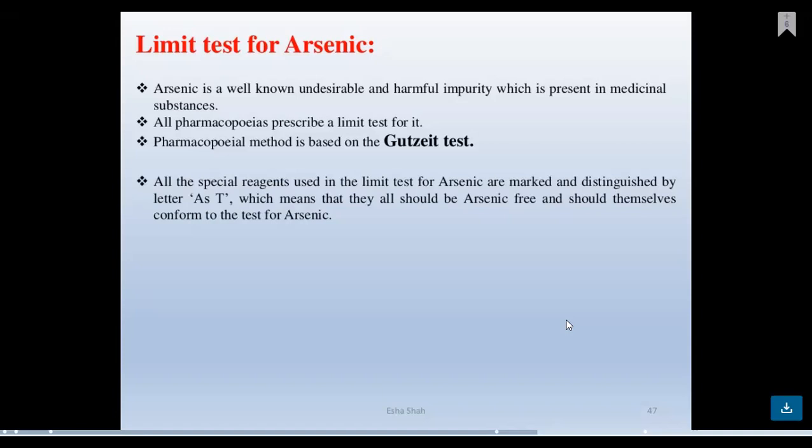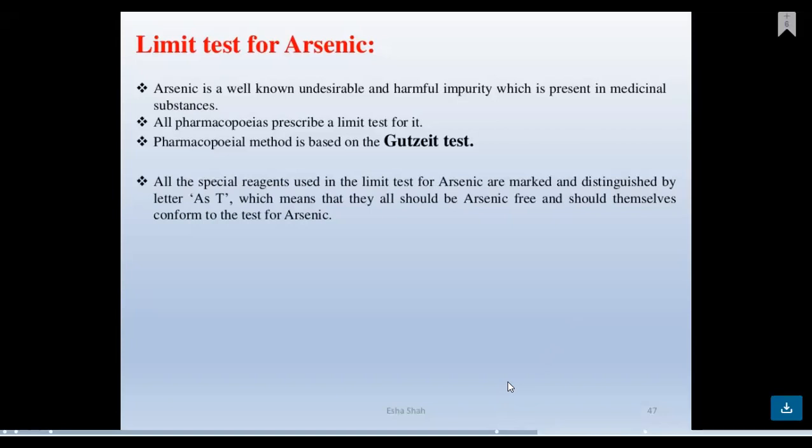That is, the reagents or the samples that we are going to use should be devoid of arsenic in order to check the presence of arsenic in the test, since we are going to compare the presence of impurity in the test with that of the standard one. So this is the introductory part of limit test for arsenic.